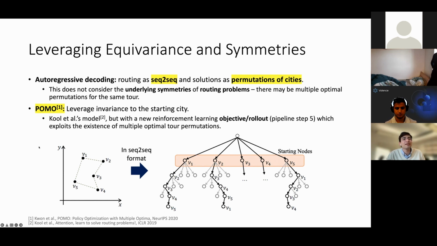One solution to this was called POMO, by Kwon et al. at NeurIPS 2020. They were basically leveraging invariance to the starting city in routing.